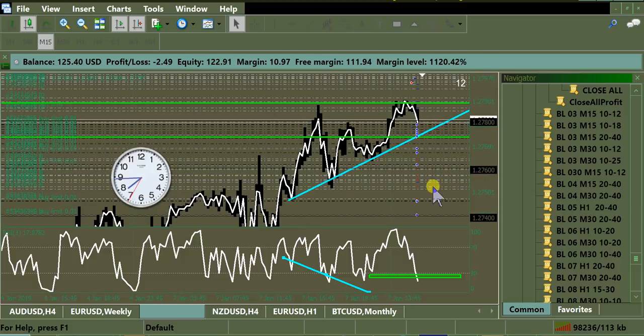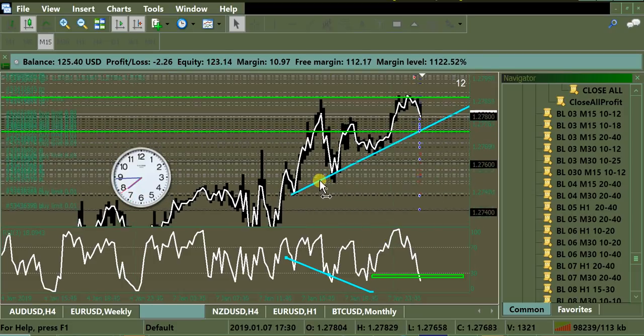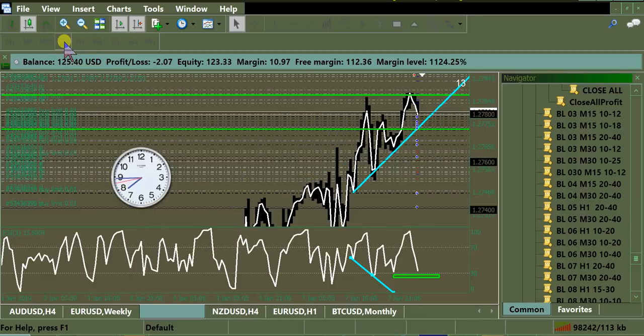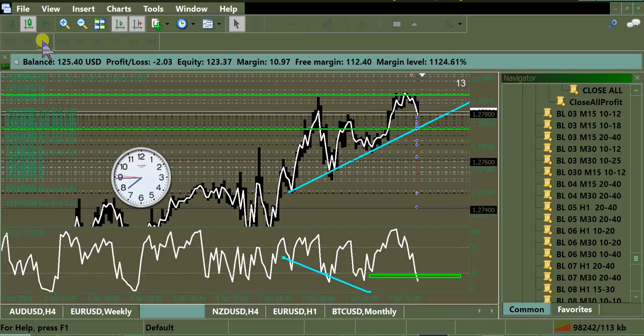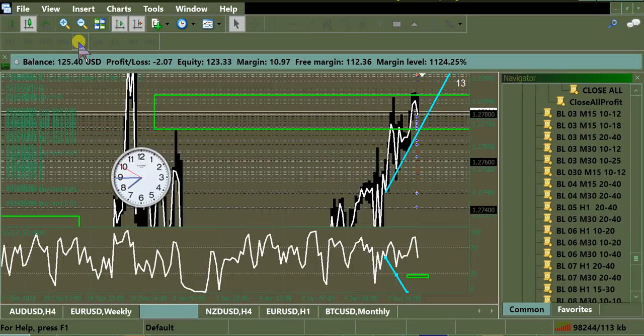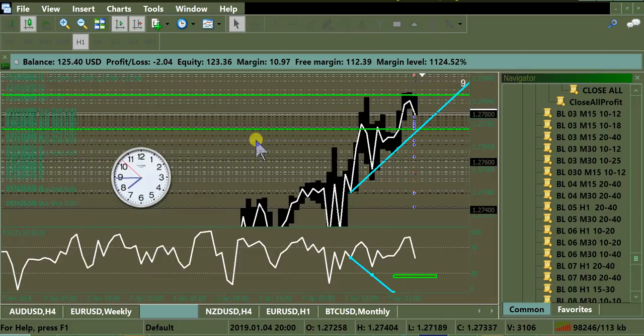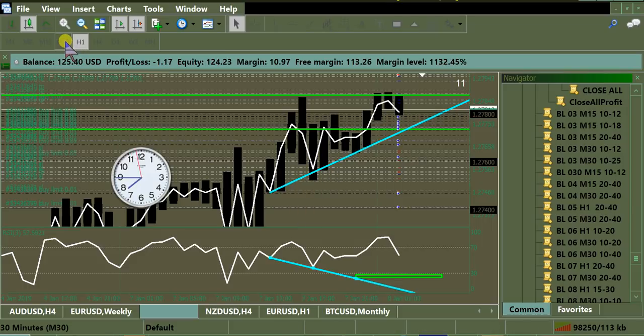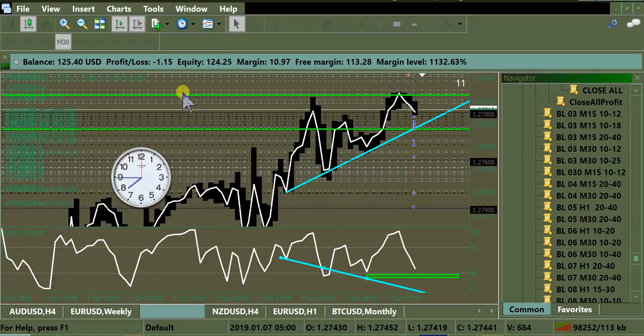We're more oversold here, and this trend line holds nicely through the half hour and the 15 on close. See, the trend line's congruent with a time shift. Even on the 1 hour, see how the RSI reversal's holding up. So we can go to the half hour, and the trend line does not.